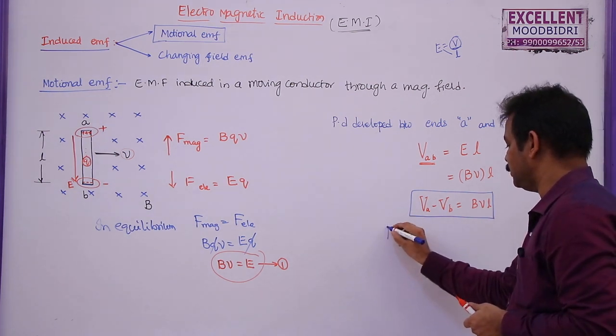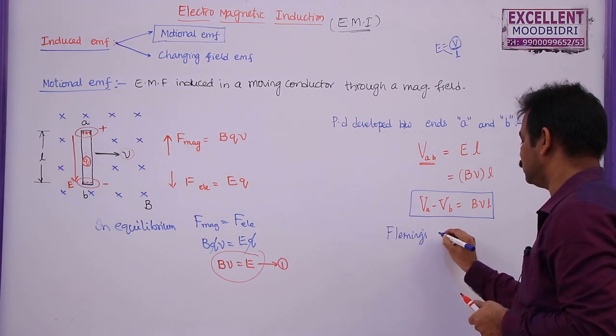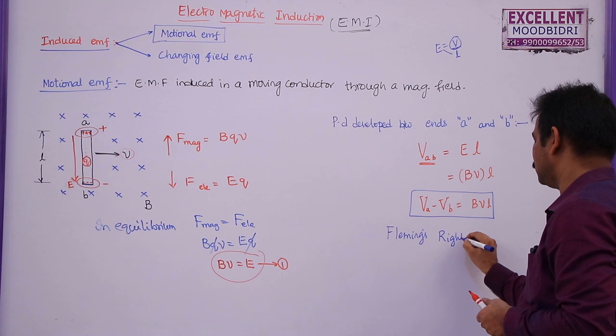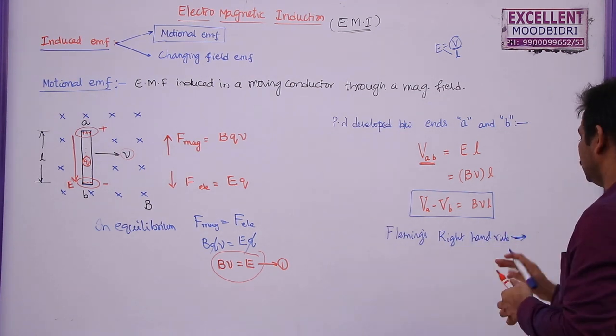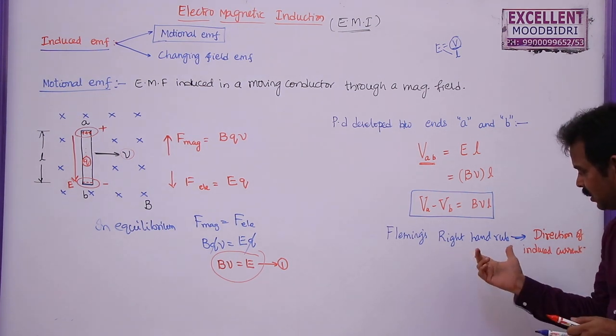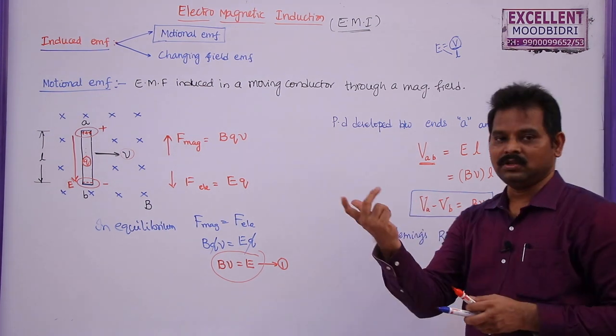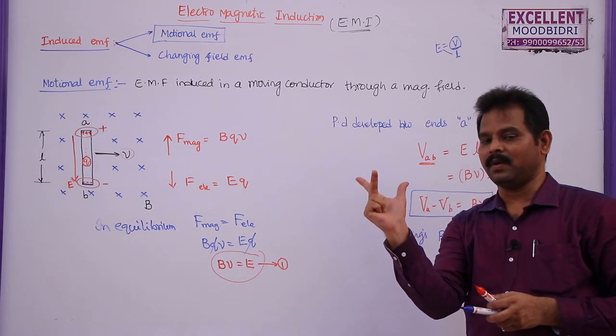The direction of the flow of induced current is given by Fleming's right hand rule. So, what is this Fleming's right hand rule? Stretch out your thumb, forefinger and middle finger such that they are mutually perpendicular to each other.